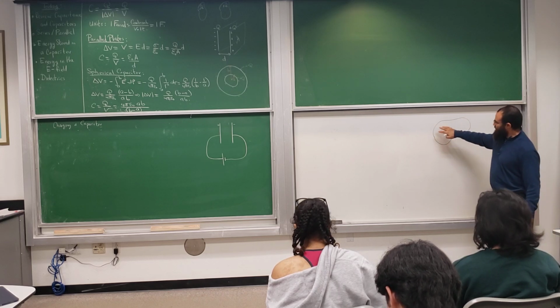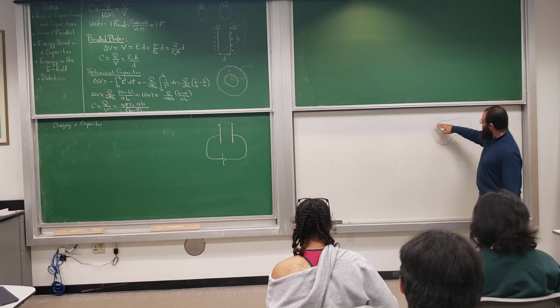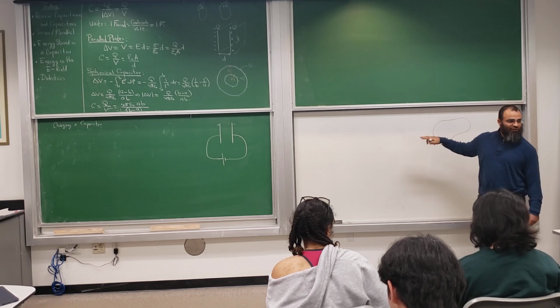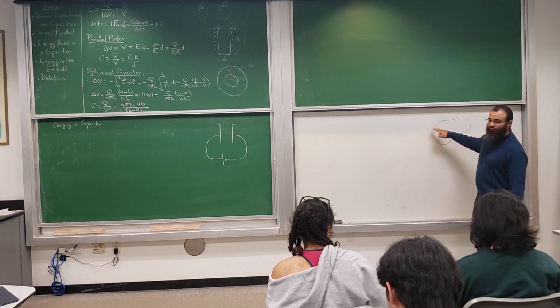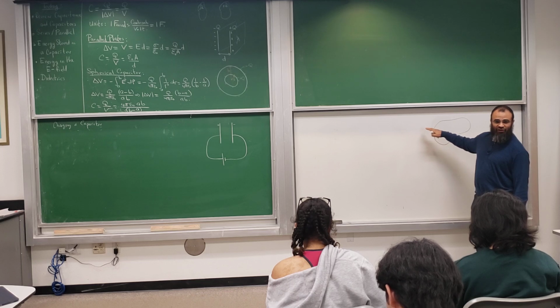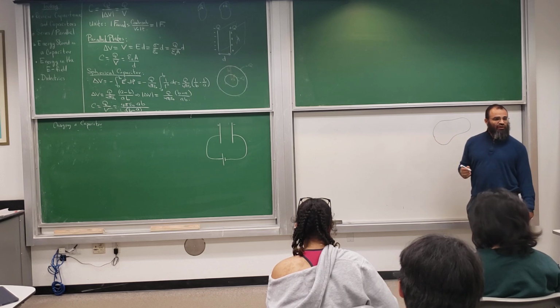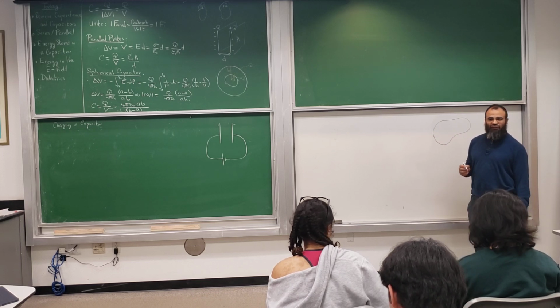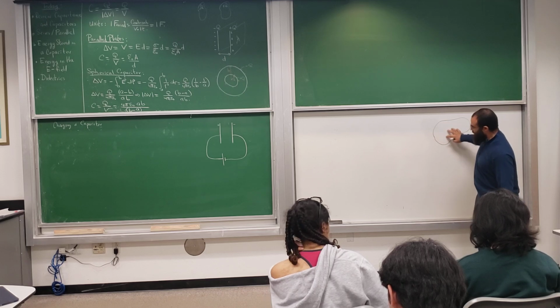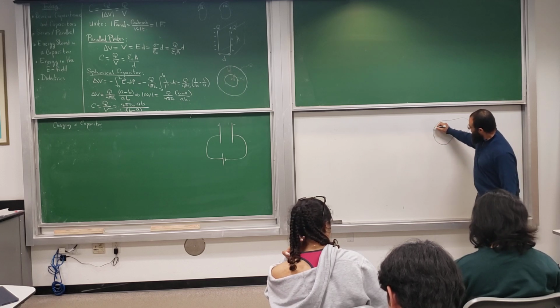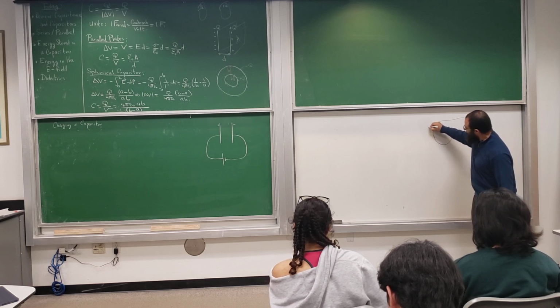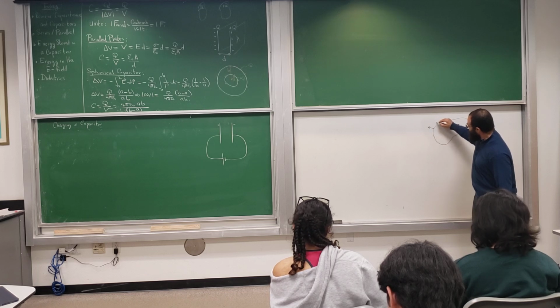And if there is a net charge, it would be on the surface of the conductor. The electric field at the surface of the conductor is always perpendicular to the conductor. Remember that? It's zero inside, but if there is an electric field at the surface, it's always perpendicular to the surface of the conductor. Always makes a 90-degree angle.